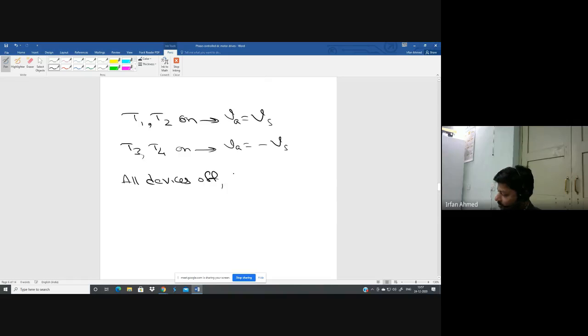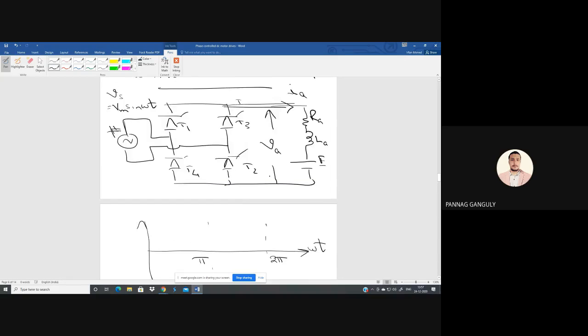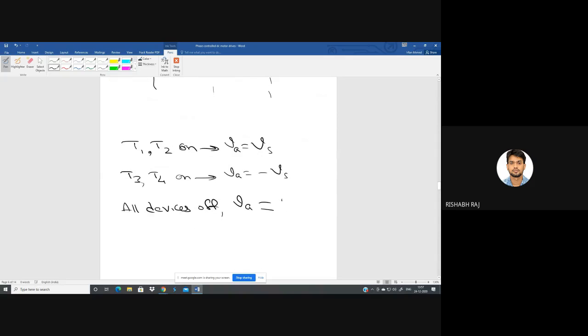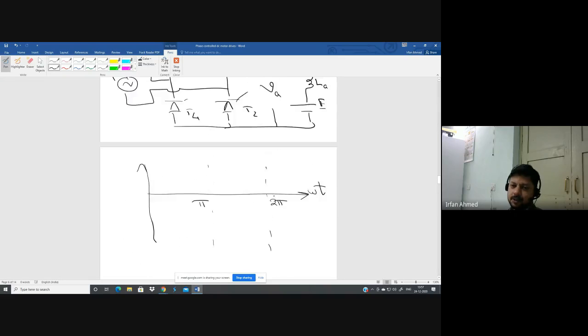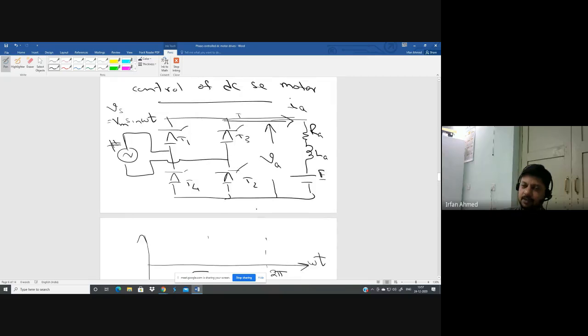And if all devices are off, then VA is equal to E. So these are the three possibilities of the armature voltage. As far as the armature current is concerned, it can be either continuous or discontinuous.